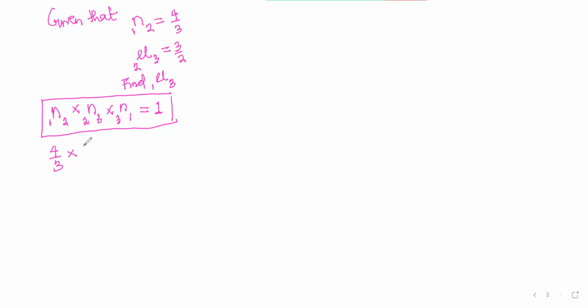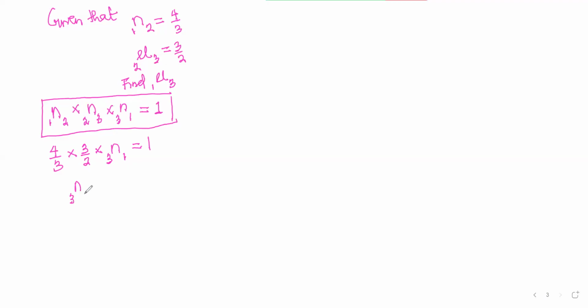Yes, 3 over 2 times what? We don't have what the question demands, but we have the refractive index. This is 3 to 1. So let's determine the refractive index from 3 to 1.